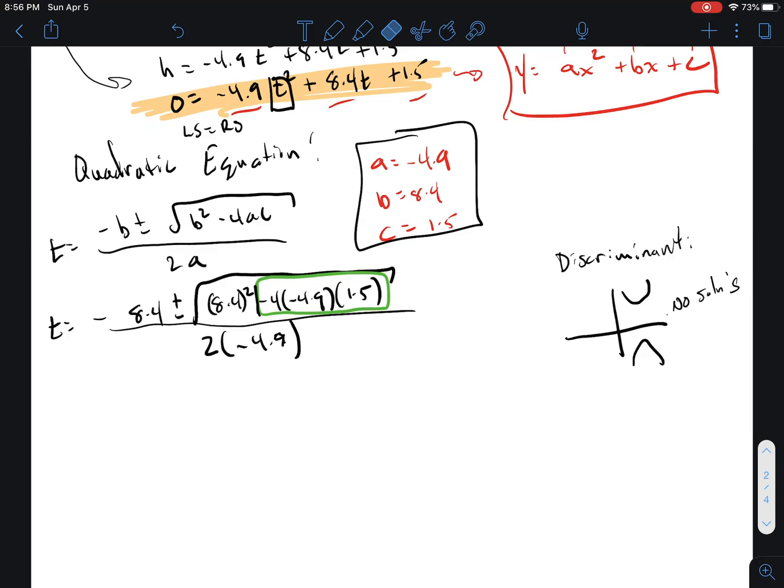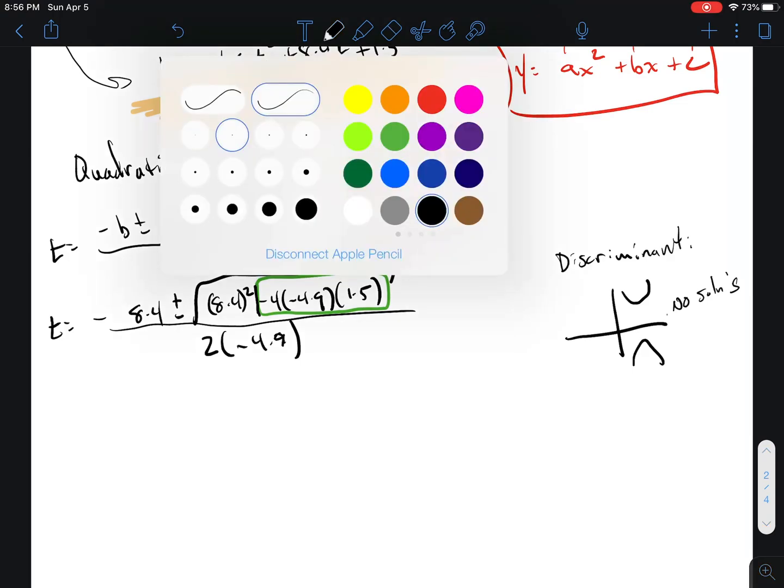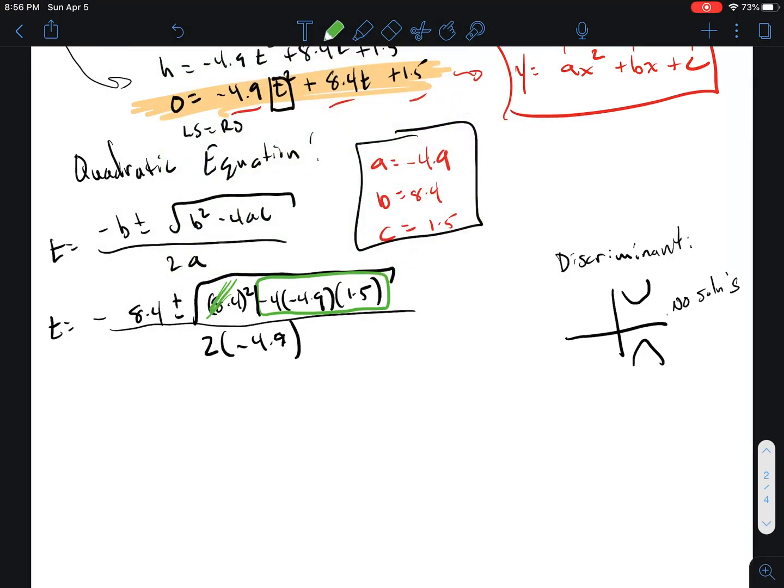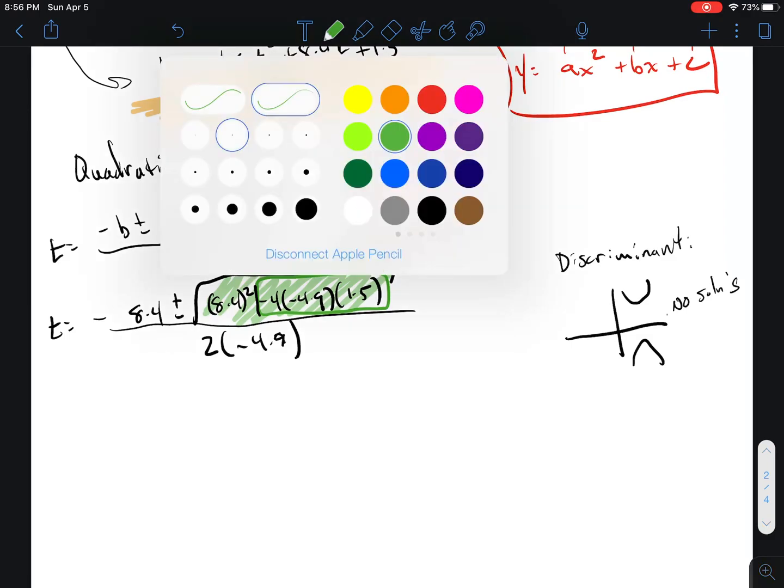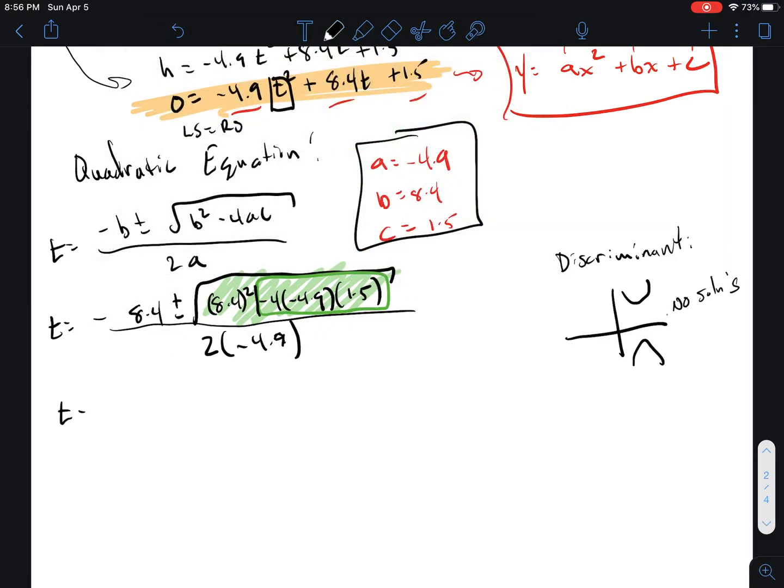So it turns out that if you do the math on this green section, the piece underneath the square root, or the discriminant, you get the square root of 99.96, and that's divided by negative 9.8.